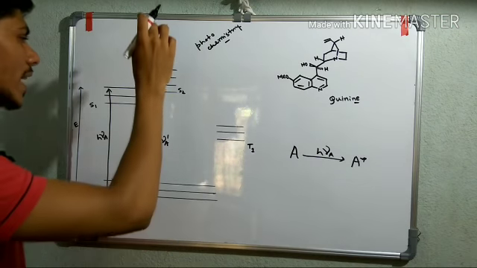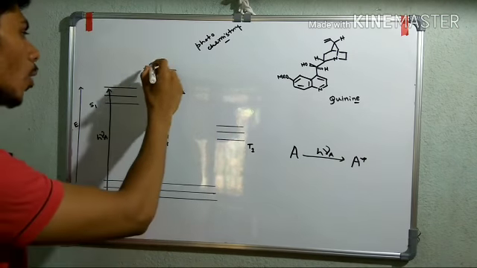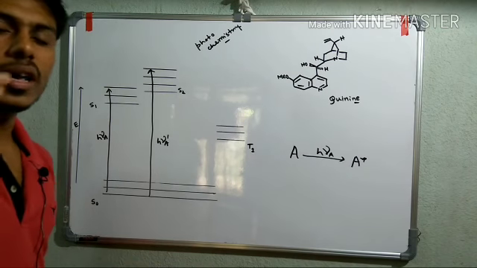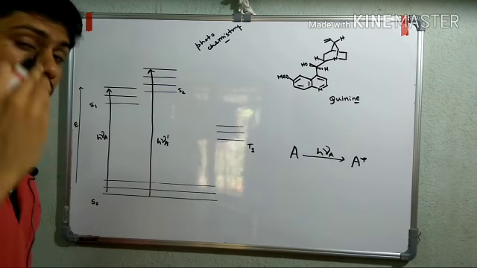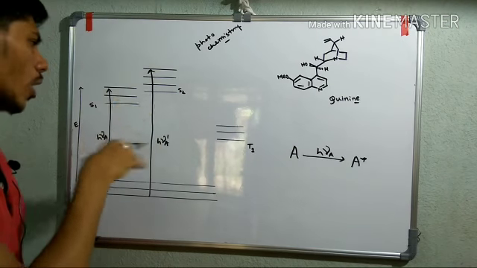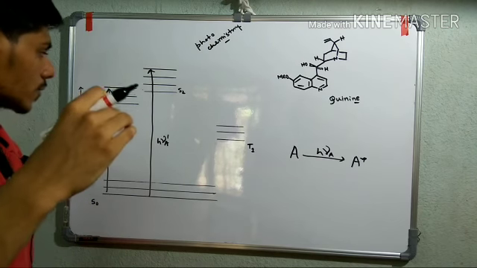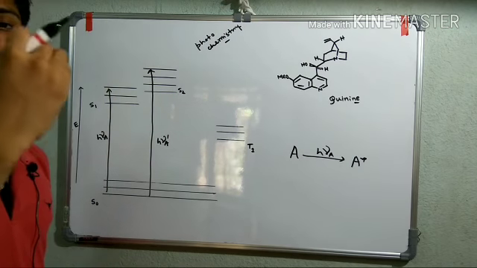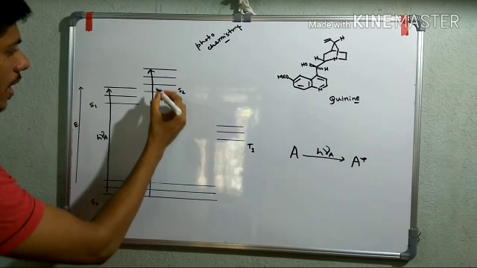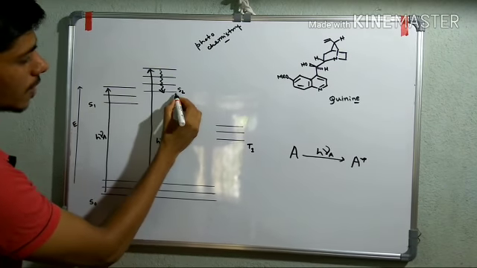Now after going to the excited electronic state, the first thing that will occur is that the molecule will come back to the first excited state, and also to the ground vibrational level of that excited state. That means if the molecule is here first, it will come back to this first vibrational level.